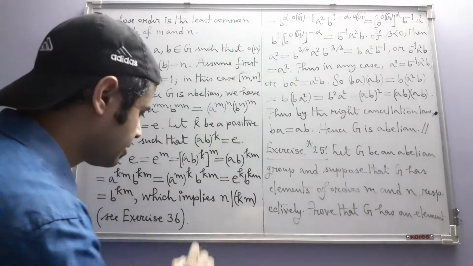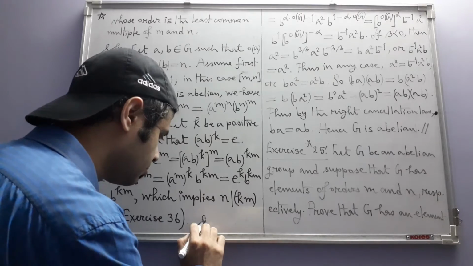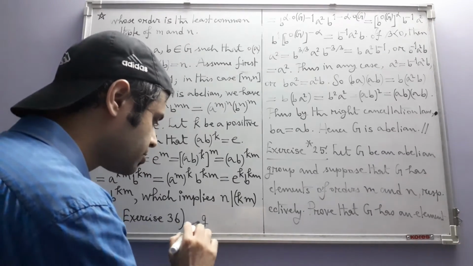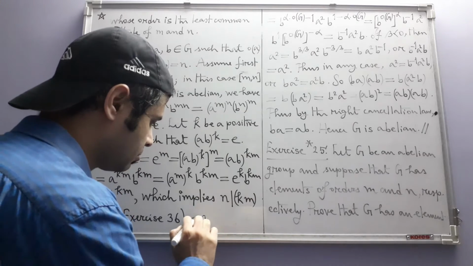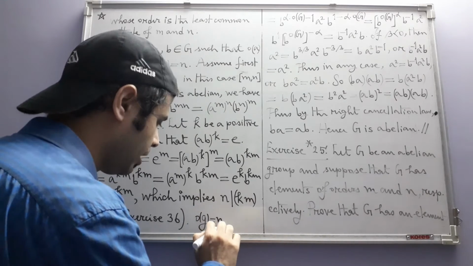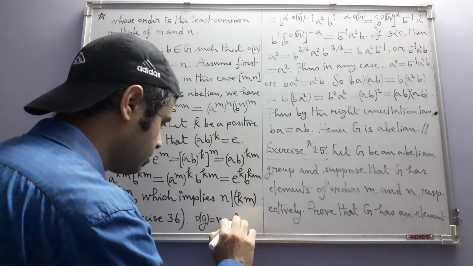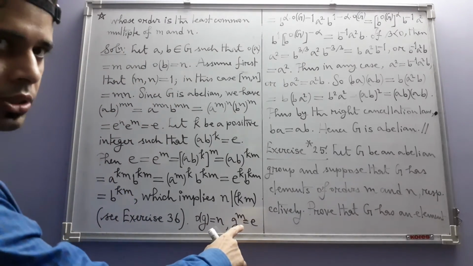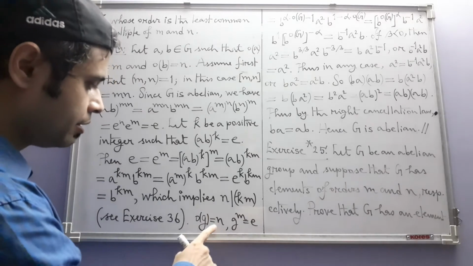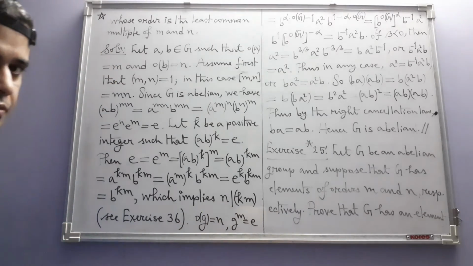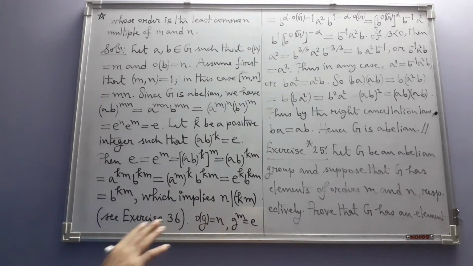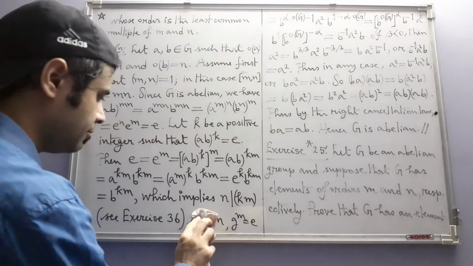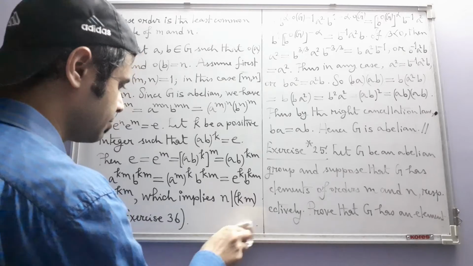It says that if you have an element G in a group whose order is say n, and G to the power m becomes identity where m is a positive integer, then n divides m. Okay, n is not just less than or equal to m, but n divides m. So that's what we have used here.